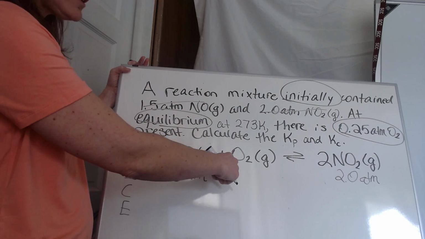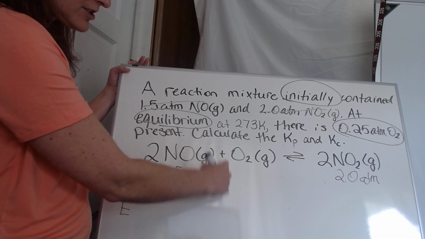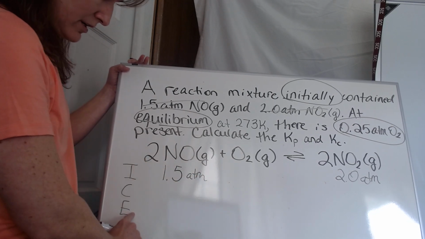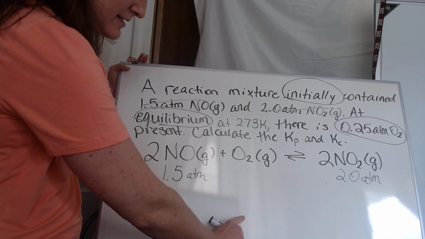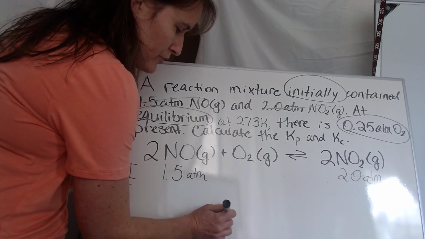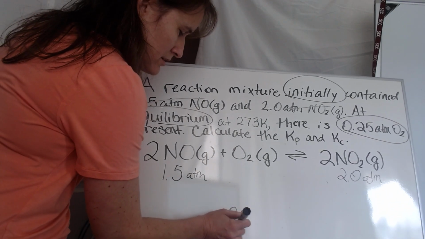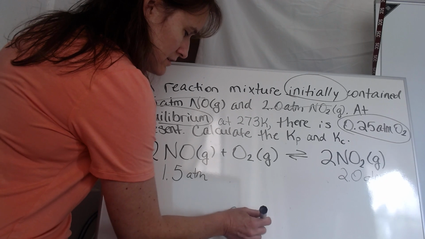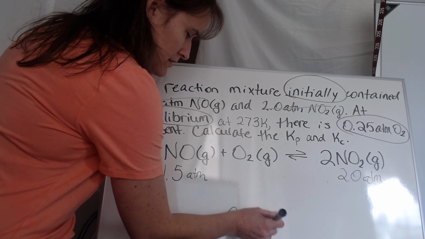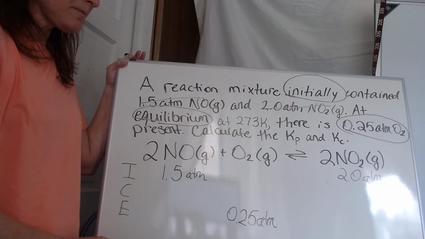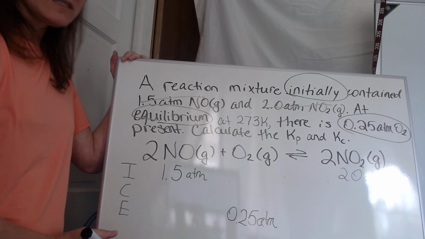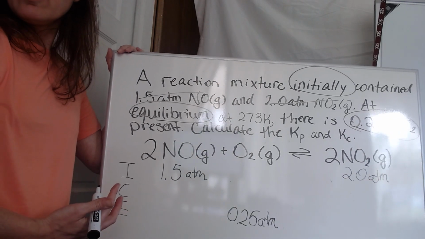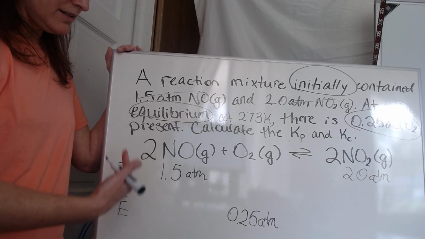So you go to the column for oxygen, we don't have anything here, but where the E is, the measurement is 0.25 atmospheres.